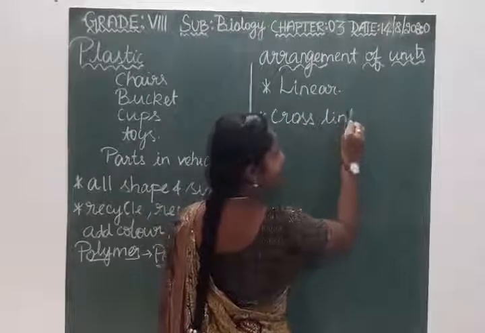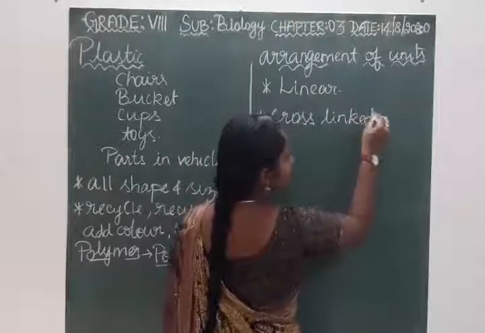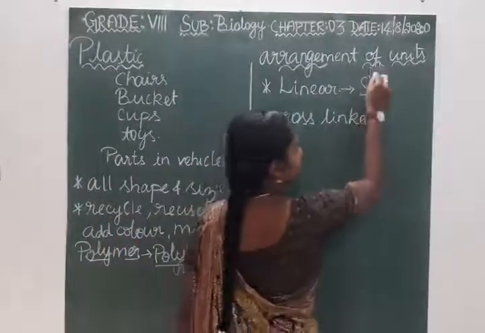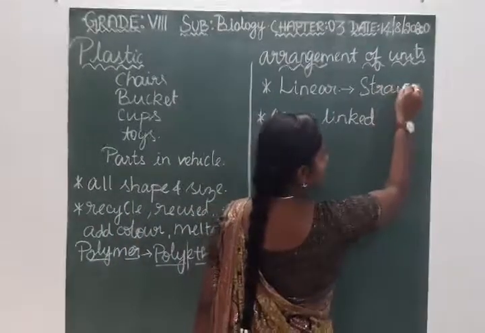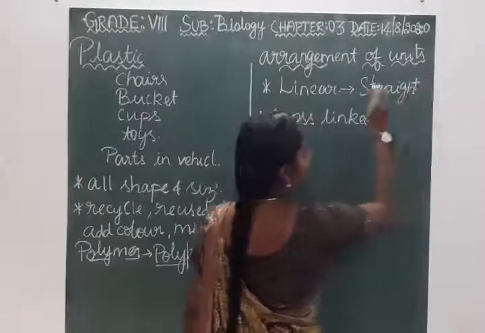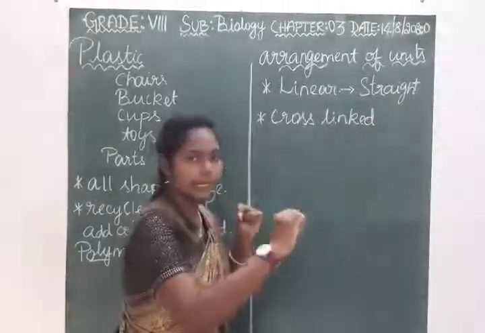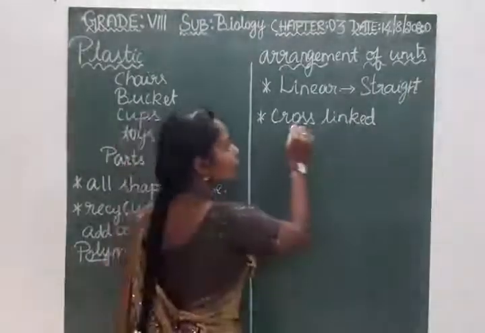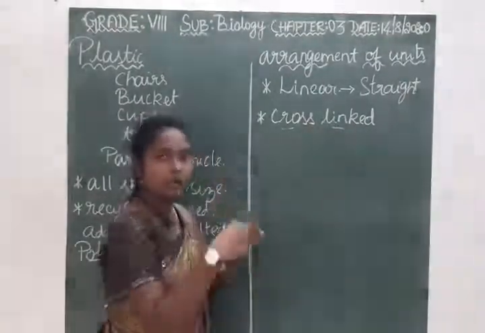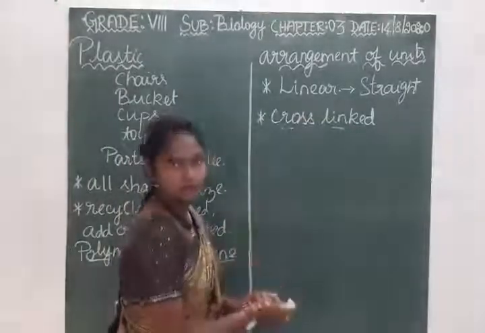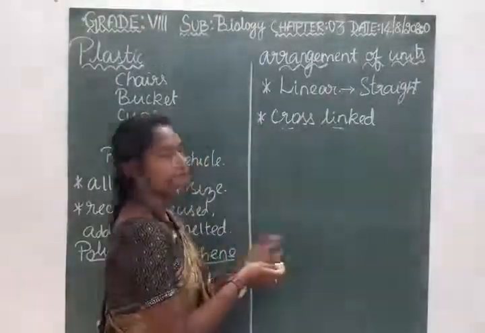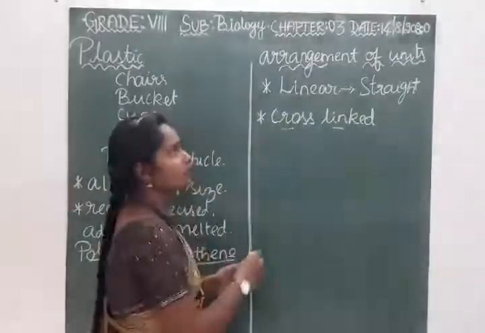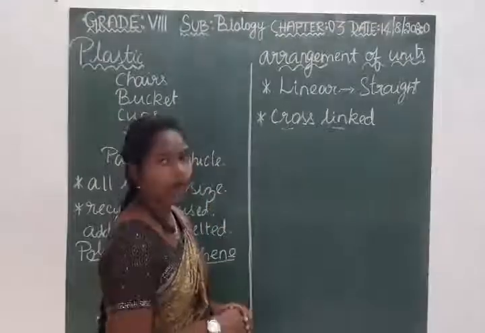By the word linear, you can get the meaning: it is straight. Here the chemical units are arranged in a straight line. Cross-linked means the units are linked across to other units, which forms a plastic. So these are two types of plastics based on the arrangements.